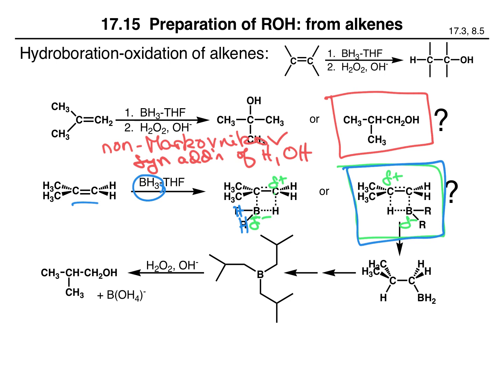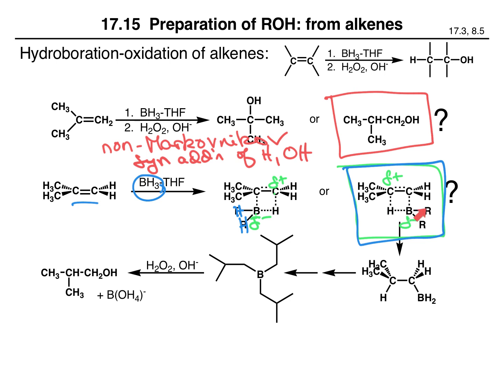Also keep in mind this little square transition state, because both the hydrogen and the boron add to the same face of the alkene. So we have syn addition of the hydrogen and the boron. If the boron added to this particular face of the alkene, then this is where the oxygen will also be connected, right?